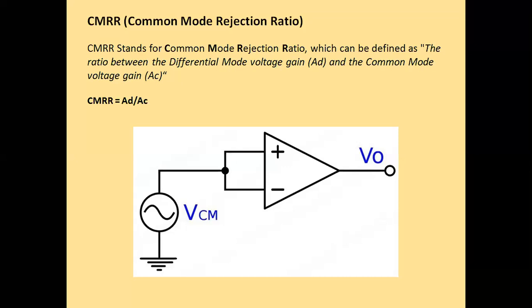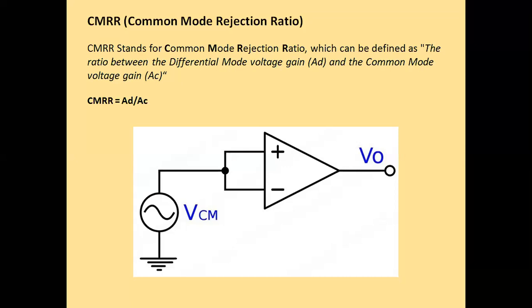Okay. So now, what do you mean by differential mode and what do you mean by common mode? As you know, for this operational amplifier we have two inputs, one is the non-inverting input, another one is the inverting input.